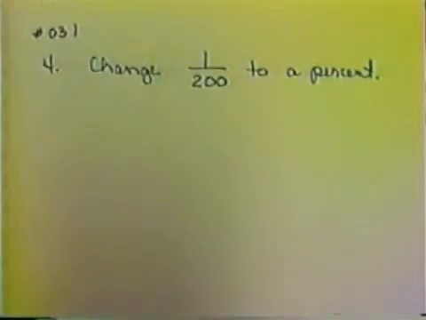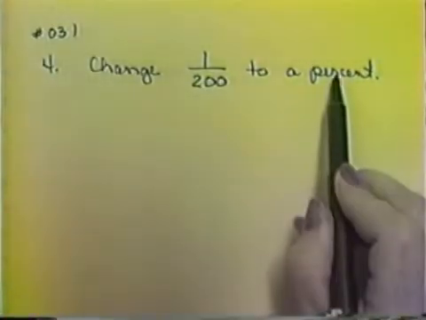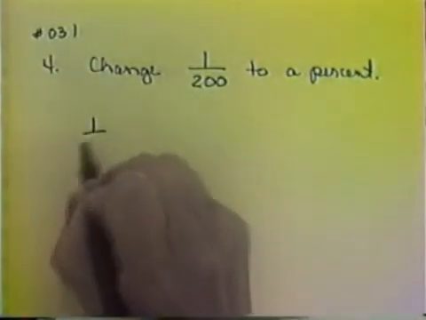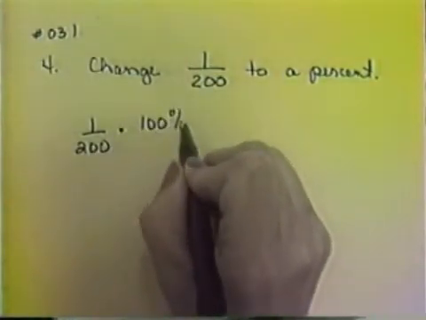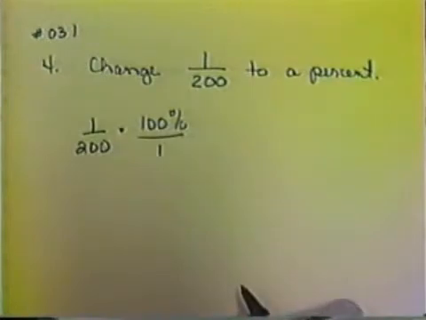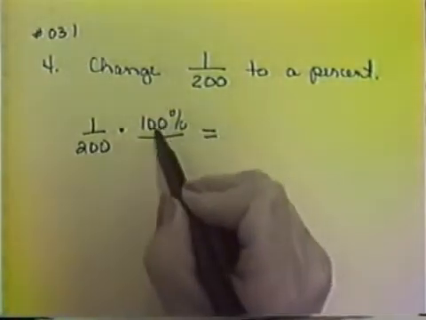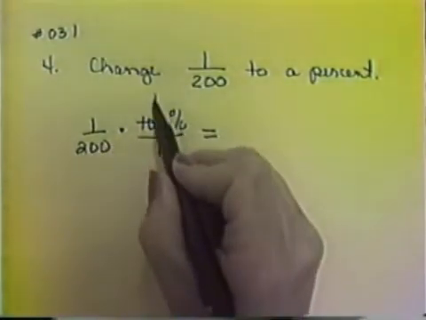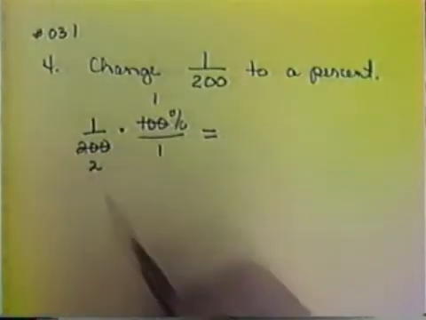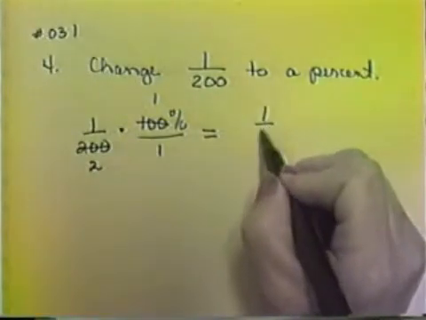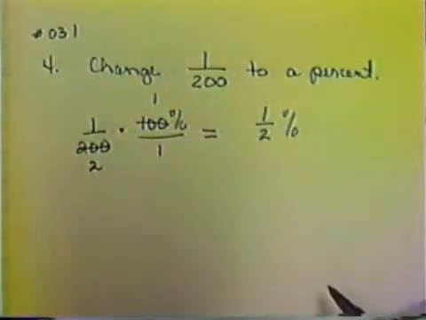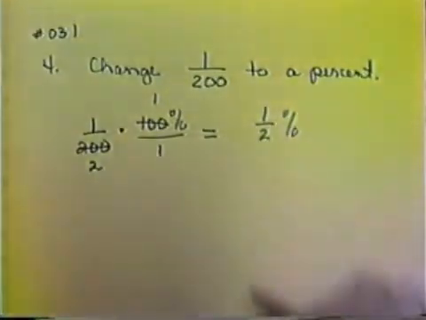Okay, let's change 1 over 200 to a percent. Again, to make a percent, we multiply by 100%. So we take 1 over 200 times 100%. It reduces: 100 divides 100 one time, 200 two times. That gives me 1 over 2%. But we don't want to leave this as the answer.